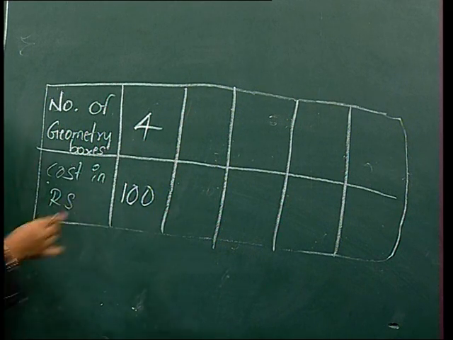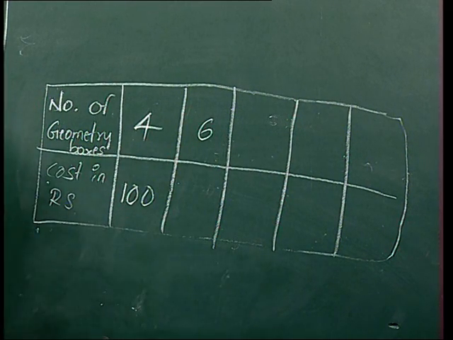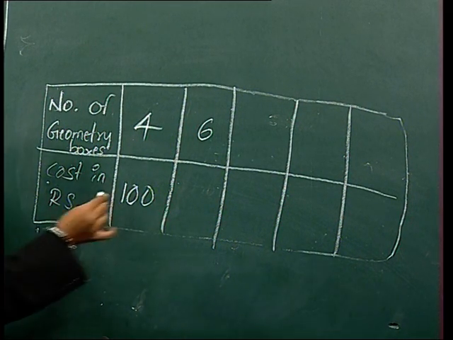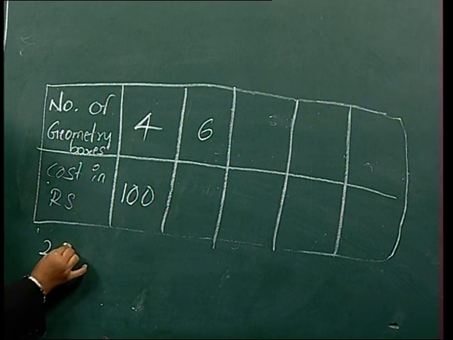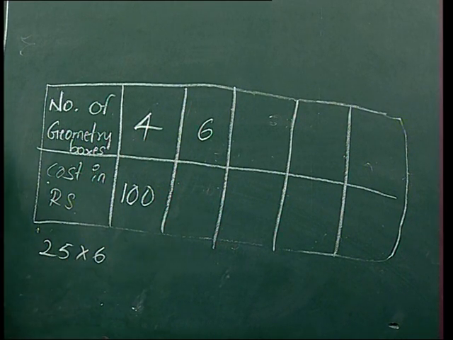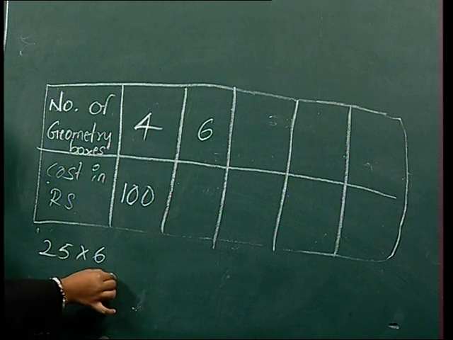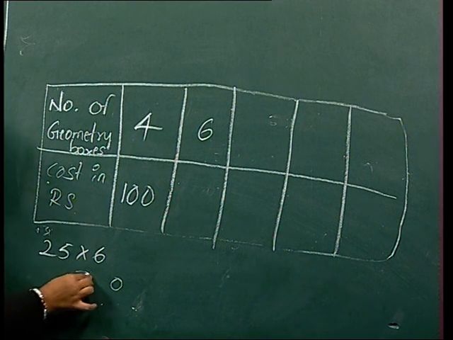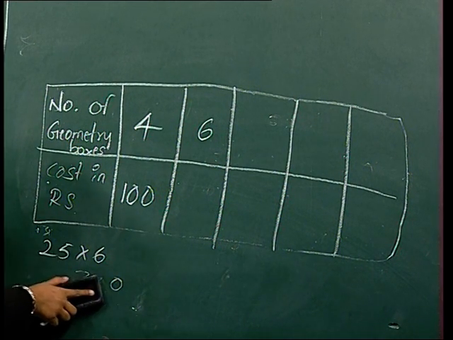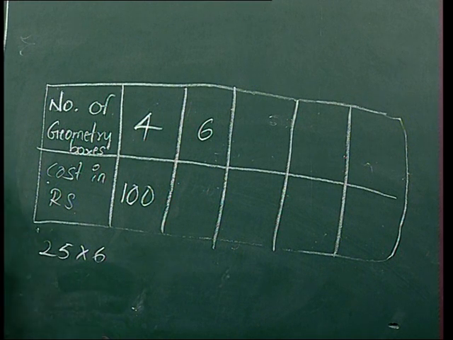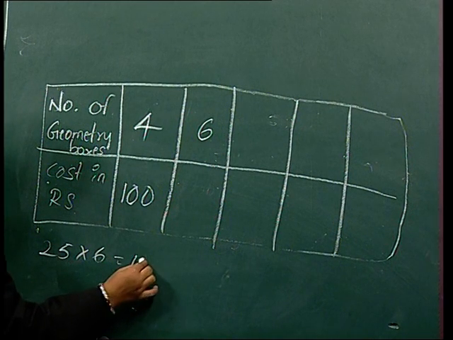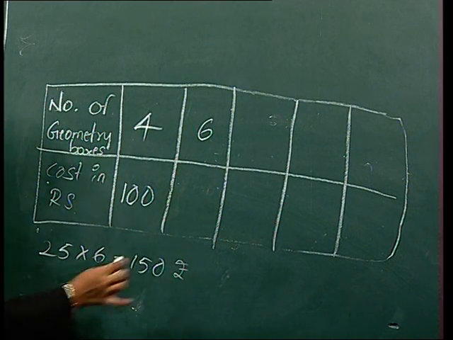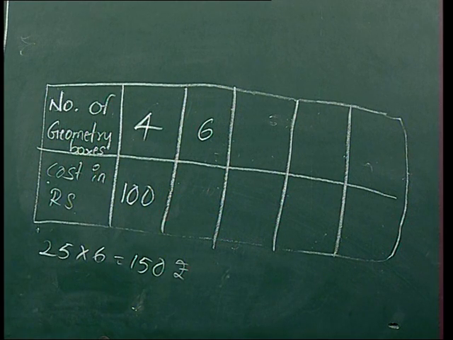Let us take 6. 25 into 6. 6 5s are 30, 6 2s are 12, plus 3 is 15, so 150. 6 geometry boxes cost 150 rupees.